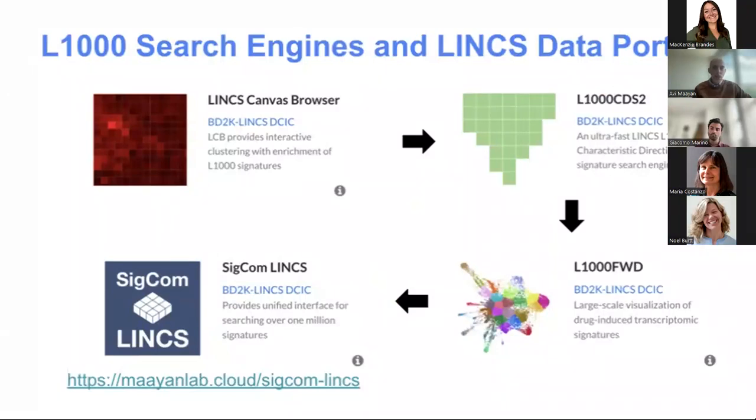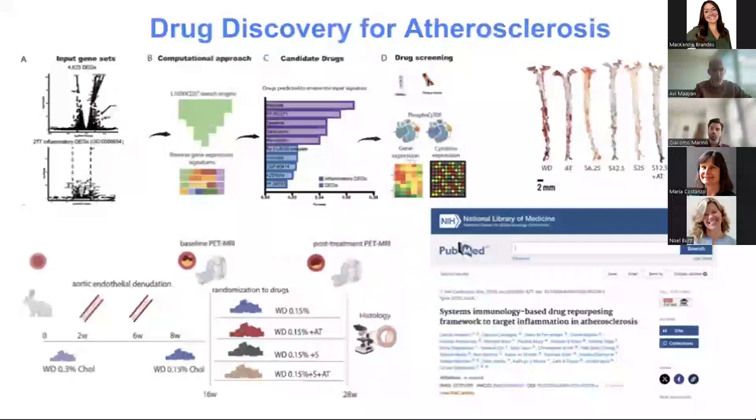It was published 2 years ago. And this is just a way that we were able to also make an impact by building those easily used search engines that were an alternative to what was provided by the Broad. And here is just one example of how those search engines have been used.